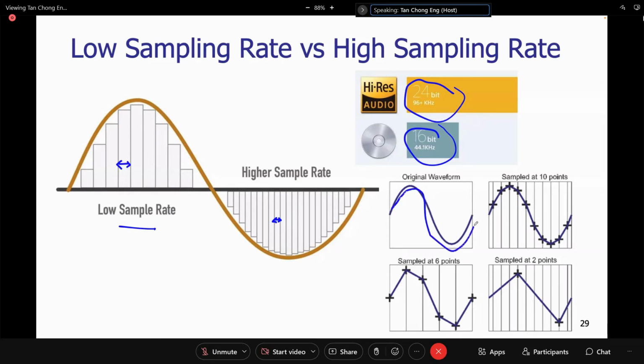But when you use 2-point sampling, 6-point, see, 2-point is like this only, so the shape looks very squarish, compared to 6-point and 10-point. The 6-point is smoother than the 2-point, and the 10-point is even smoother than the 6-point. So the whole idea about resolution is that if you want to preserve as much quality as possible, you have to use a higher bit rate, for example 16-bit or 24-bit. They will be able to preserve the original signal very well.